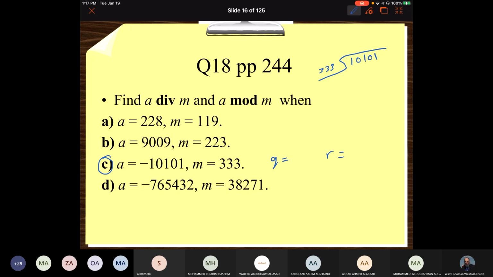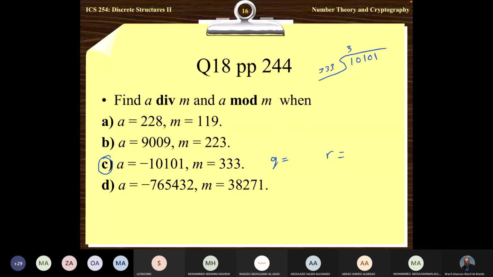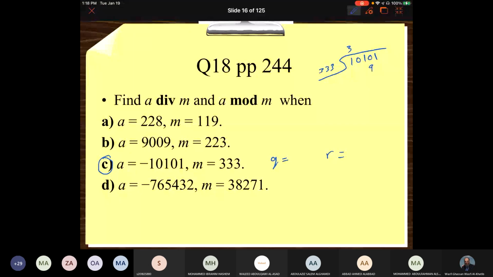Well, let's say, does 4 work? 3 times 3 is 9. So this is 999. So 10 minus 9 is 1.